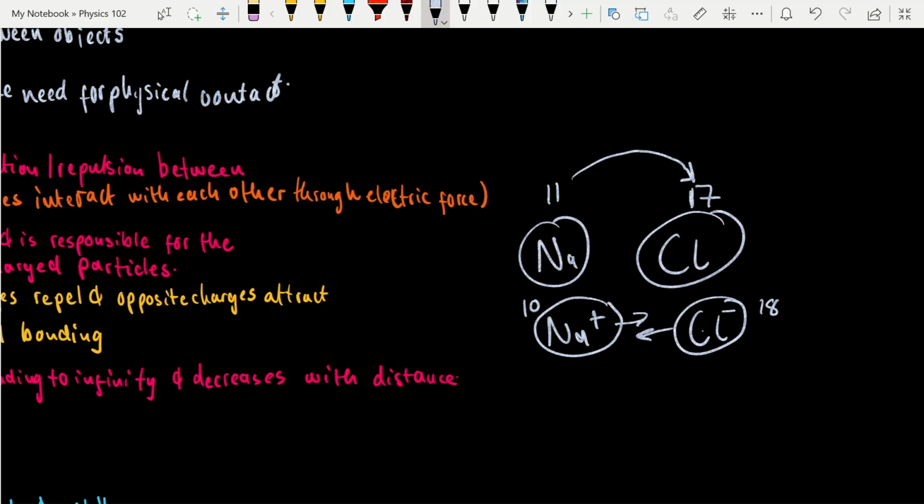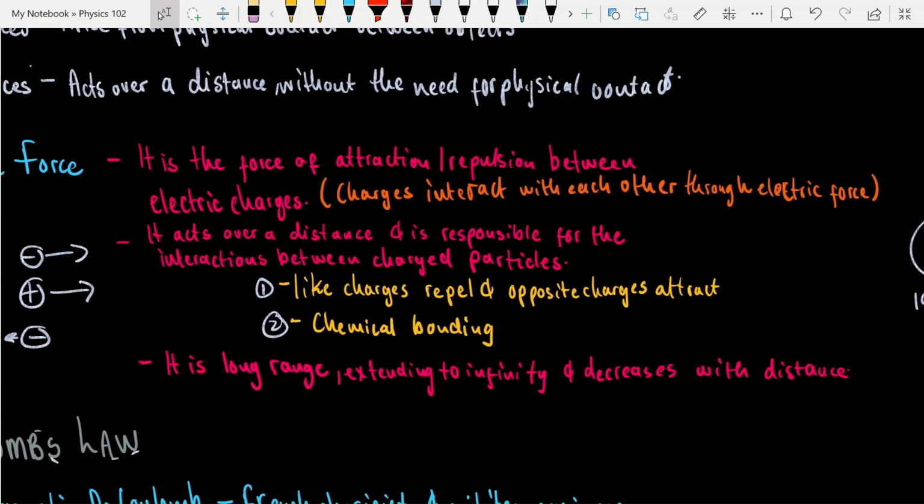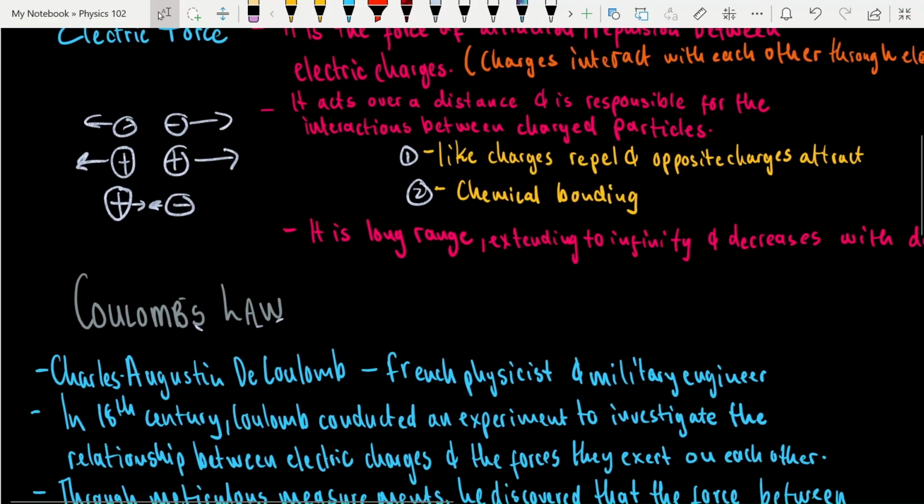And that's your electric force. So electric force is the reason we see ionic bonding. It's the one that makes Na plus and Cl minus come together after the transfer of electrons, and they stick together, become NaCl, and that's a bond. So there is a force, and that force is responsible for what we see.